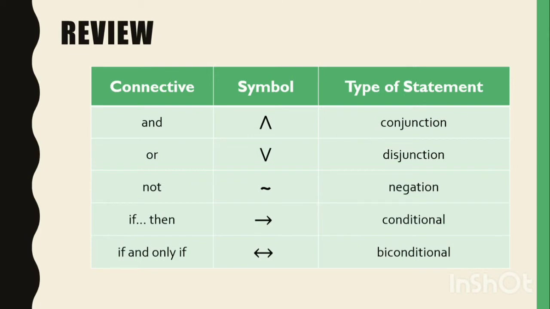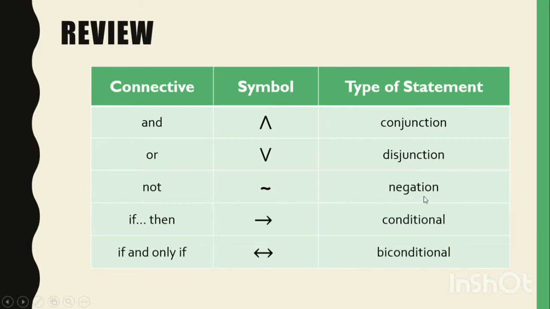So, we have here the connective, the symbol, and the type of statement. For the connective and, we use this symbol, and this means conjunction. Or is symbolized by this symbol, and this is also called a disjunction. Not is symbolized by this symbol.